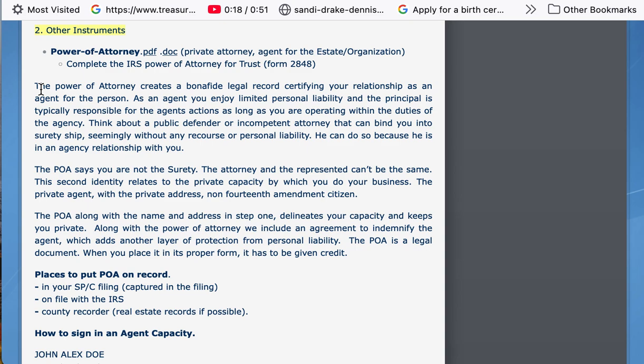Think about a public defender or an incompetent attorney that can bind you into suretyship seemingly without any recourse or personal liability. He can do this because he is in an agency relationship with you. He is acting as your agent. He doesn't have the liability, but he can even bind you into contracts with third parties.